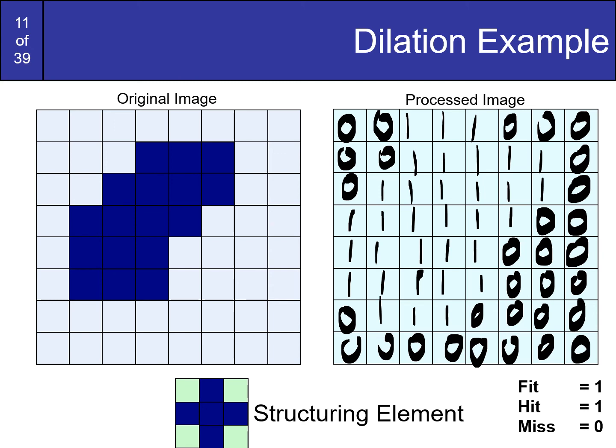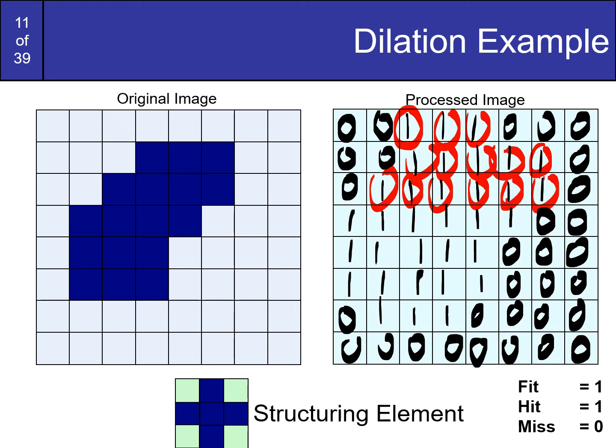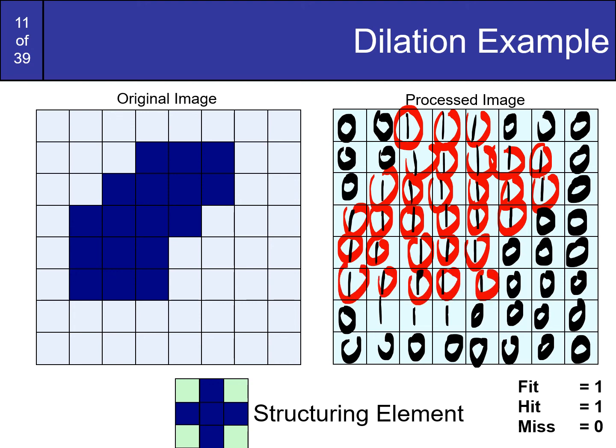As you can see, the object pixels, the on pixels numbered with 1, are increasing compared to the original image. Now we count: 1, 2, 3, up to 33. So we have 33.